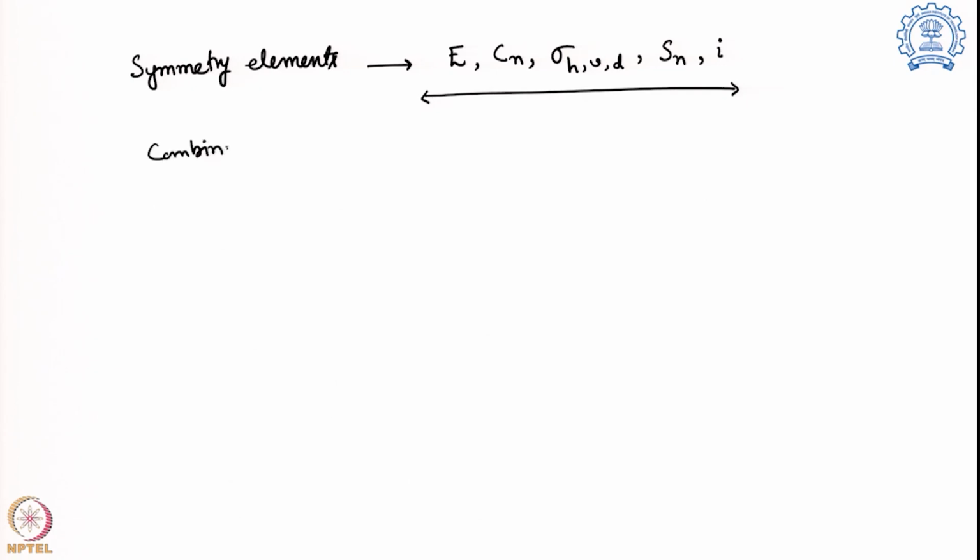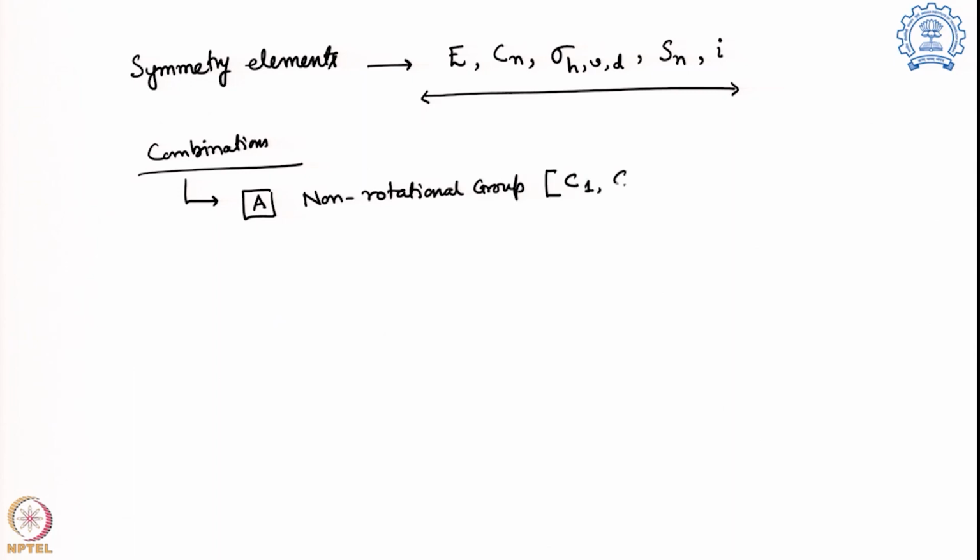And we found that different combinations of these symmetry elements can be present, which can be differentiated into 4 major groups. One is the non-rotational group, which is given by C1, Cs or Ci.